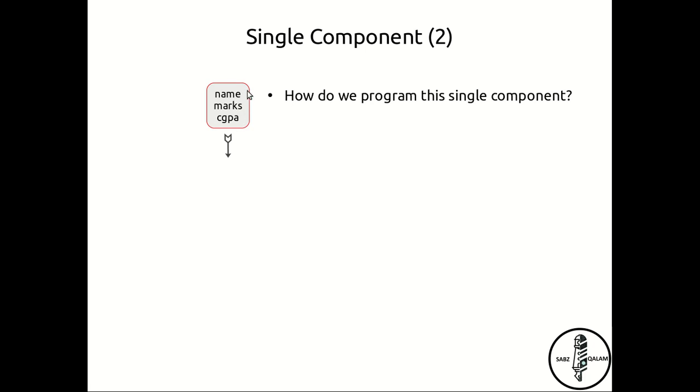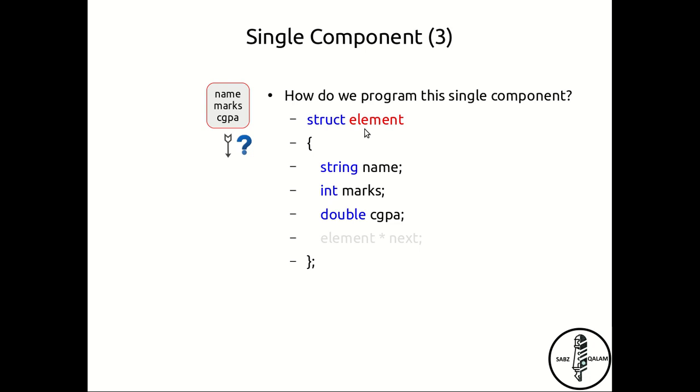Every node corresponds to a student. We've seen previously that we can program something like this using a structure. A structure by the name of element can contain a string which is name, an integer which is marks, and a double which is a CGPA. That solves the easy part.